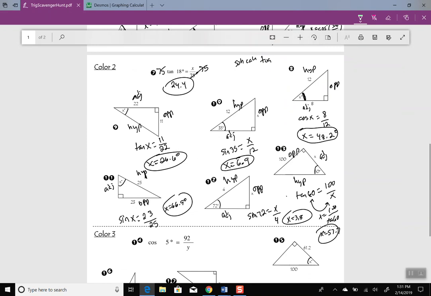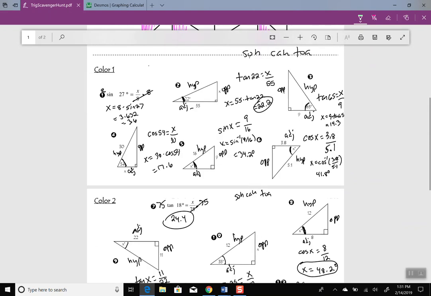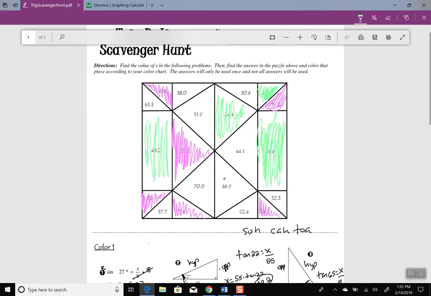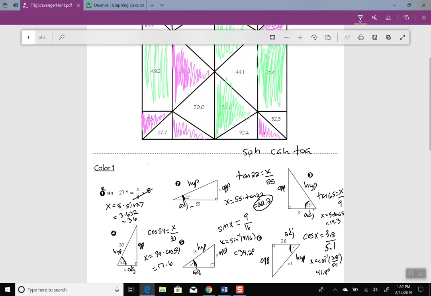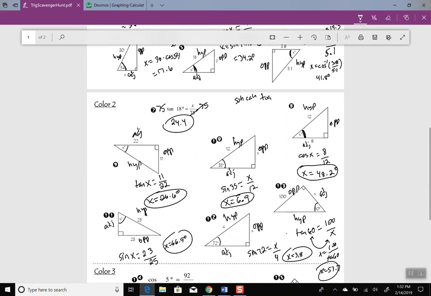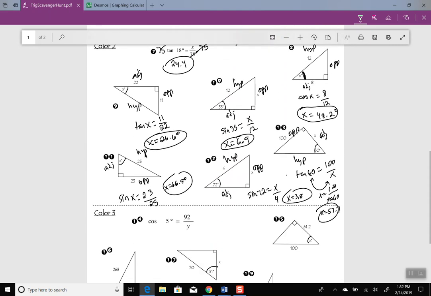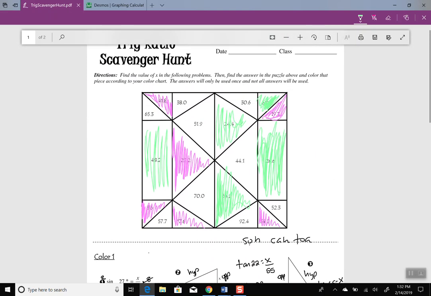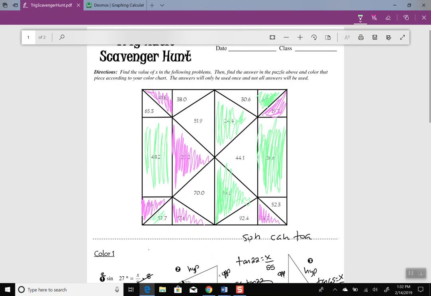Let's see, 66.9 and then 3.8. I don't see a 3.8, and then 57.7 down here. Okay.